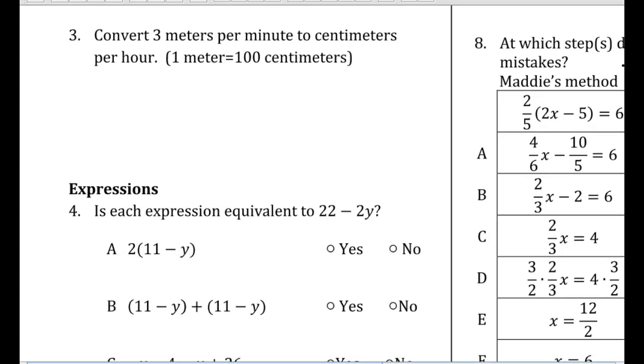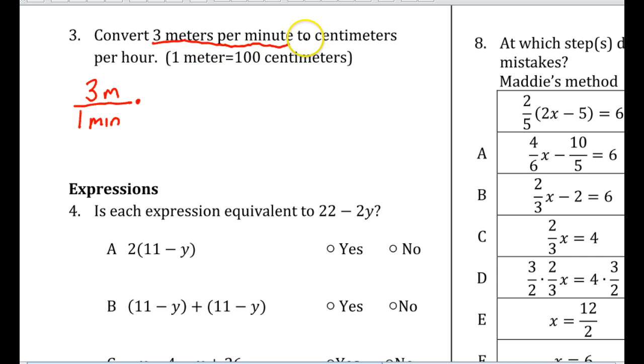Convert 3 meters per minute to centimeters per hour. So here's where we definitely want to use the dimensional analysis that we did earlier, number 1. Start off with this, 3 meters for every 1 minute. I use M for meters and MIN for minutes so we don't get confused.